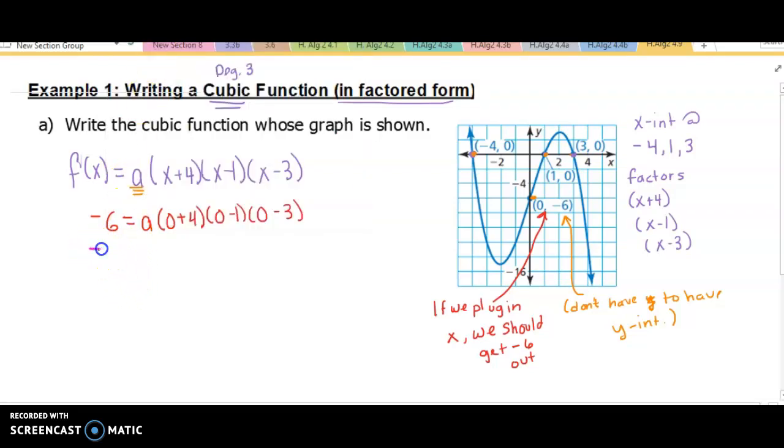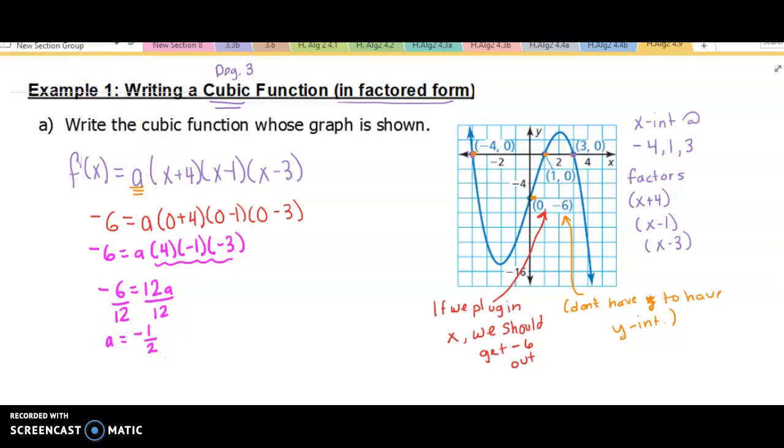So -6 equals a times 4 times -1 times -3. 4 times -1 times -3 is positive 12, so -6 equals 12a. To get a by itself, divide both sides by 12, and you get a is -1/2.